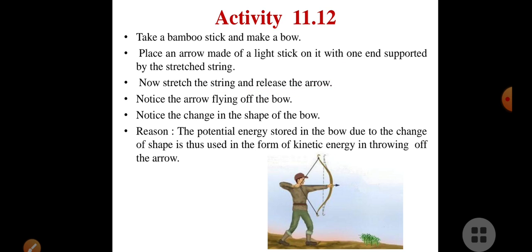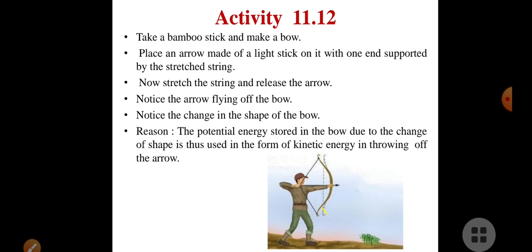So what is happening in this case? This person is applying force on this string, and as it is elastic, it gets stretched, its shape gets changed, and due to change in shape it acquires energy. And when this person leaves it, then what happens? This pushes this arrow, and this arrow goes in forward direction.